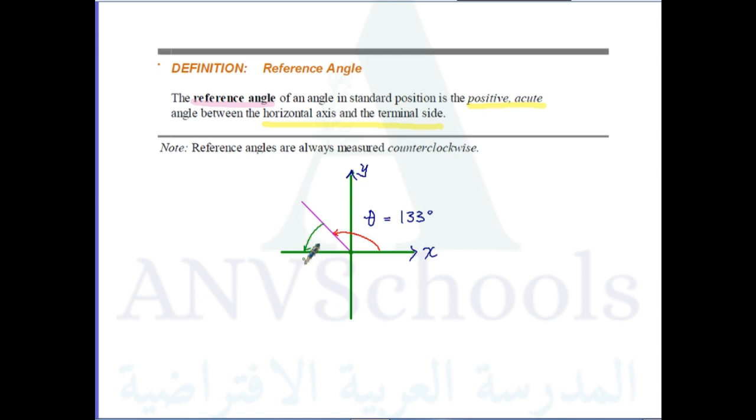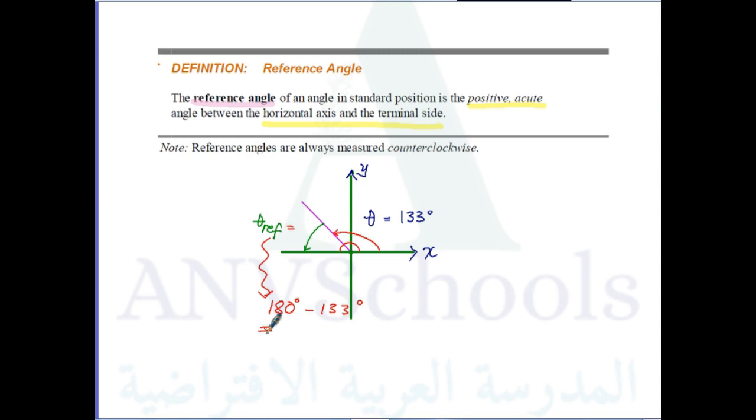We couldn't go from this one to here because that would give us a clockwise direction, which is negative. Let's call it theta reference. So in this case, remember this is 180 degrees, so 180 degrees minus 133 degrees would be your reference angle.